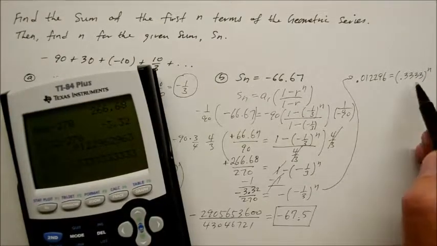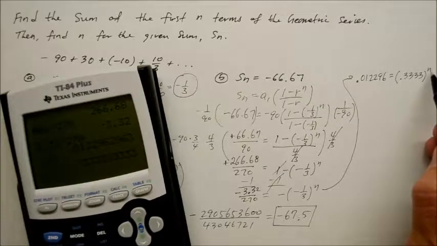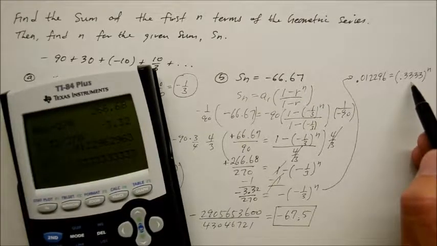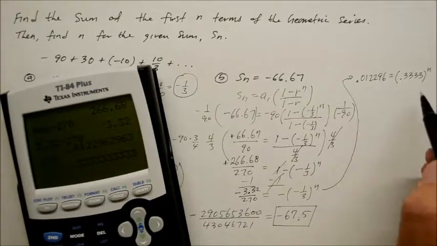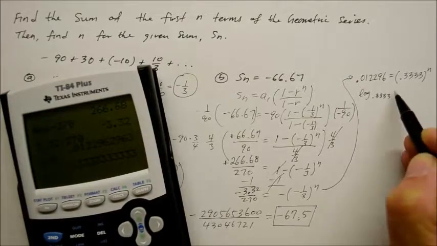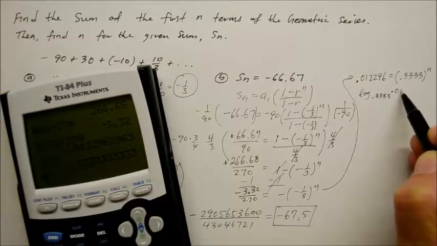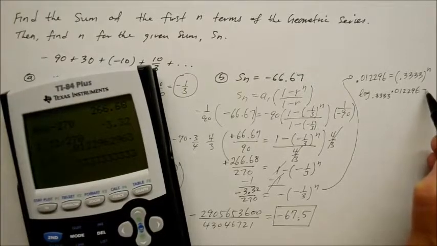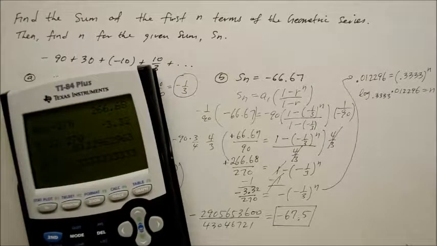Okay, now, we have an exponent. Could we not change the exponential form into a logarithmic form? Isn't this kind of like saying log base 0.3333 of 0.012296 is equal to n? Isn't that what that says?